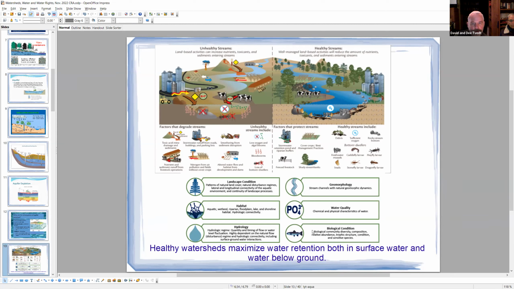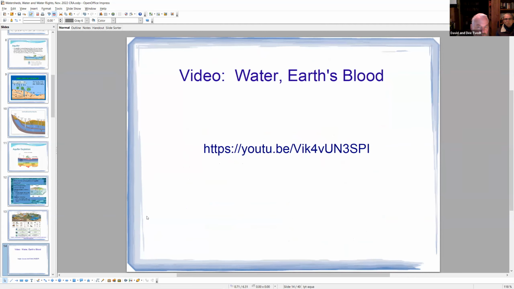And really healthy watersheds maximize water retention both in surface water and water below ground. In drier locales, you're going to have less surface water. But in most natural watersheds, there was more water retention than what we've done with our watersheds.